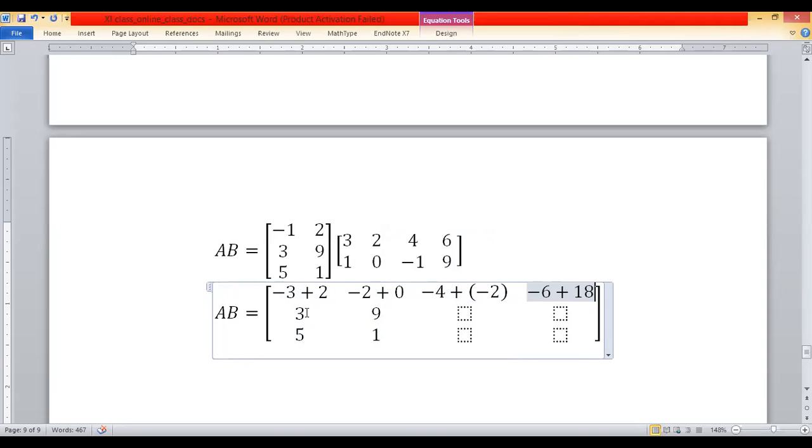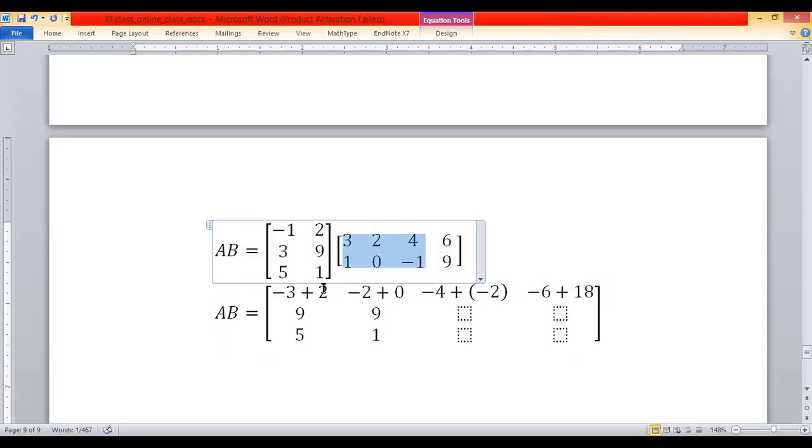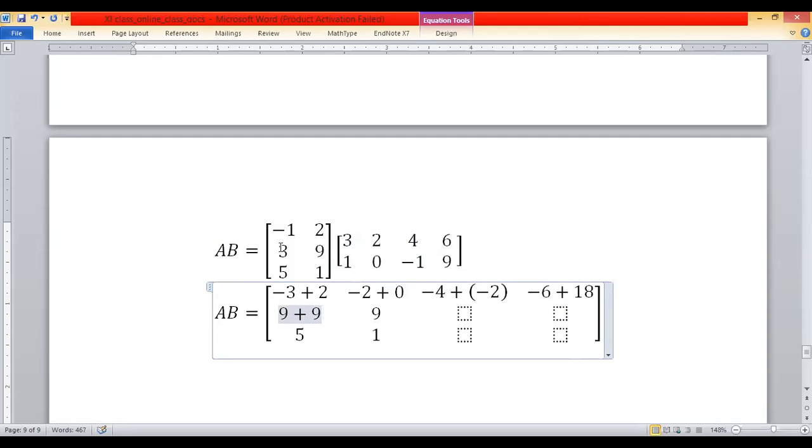Similarly, 3 times 3 is 9. And you have to multiply this 9 with 1. So plus 9. Then 3 multiplied by 2 is 6. And 9 multiplied by 0 is 0. 3 times 4 is 12.